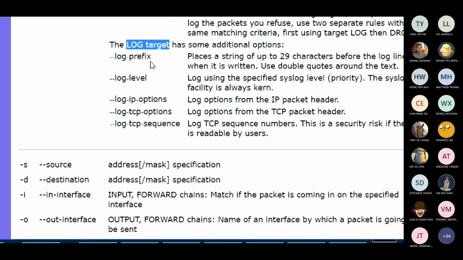The log prefix is the one that we use to put a label there to tell us where this one came from, and the log level determines which file it shows up in.